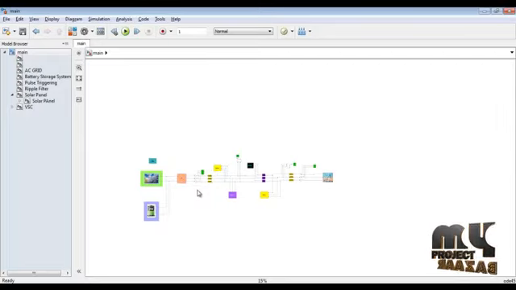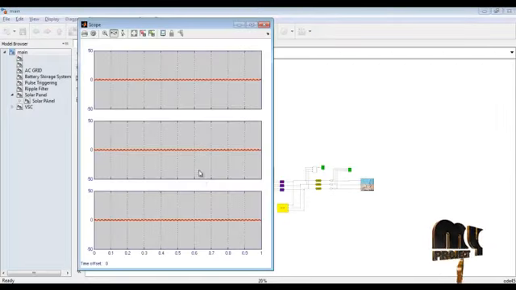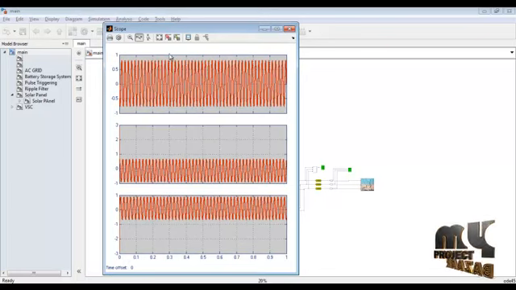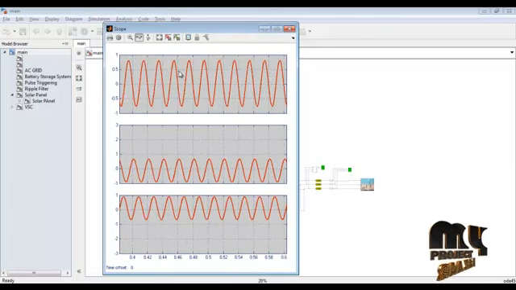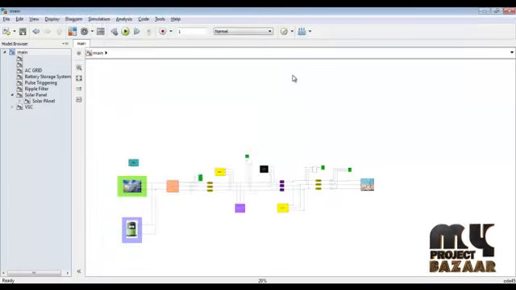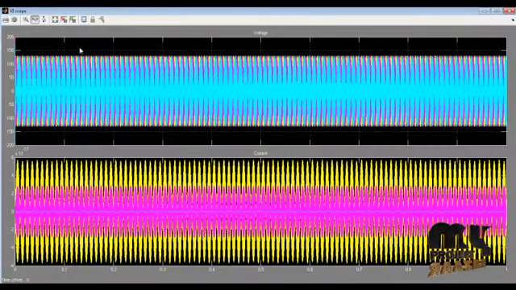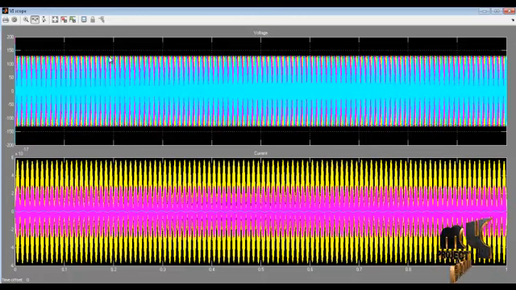Next we see our scope, using the exact zoom to get the result. Another one is our IV scope, which shows the voltage and current of these lines.